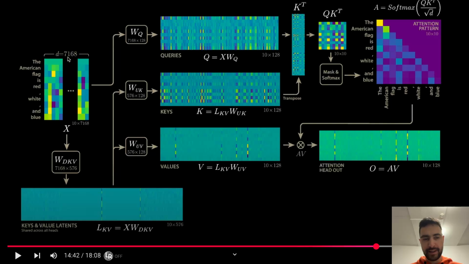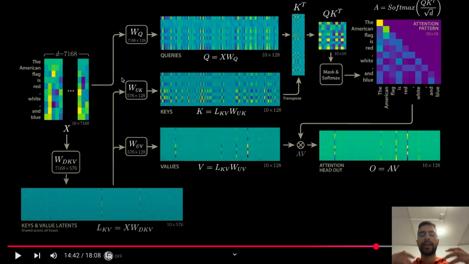So first, we will not directly convert these tokens into queries, keys, and values with matrices, as we were doing before. We will actually convert this matrix of vector embeddings, so each token, into a vector that is a compressed version of that token and contains information that we will later use to construct keys and values.